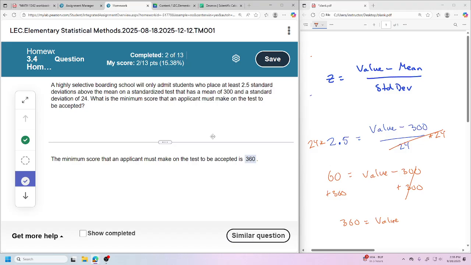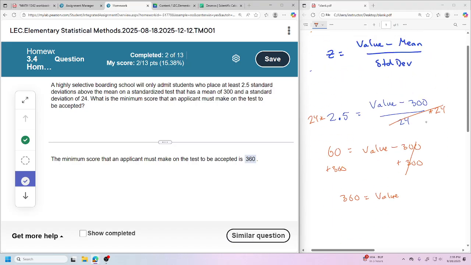So I want to give you a formula that will work, and every problem will be the same. Your minimum value, or whatever you want to call it, would be your mean plus the z-score times your standard deviation.